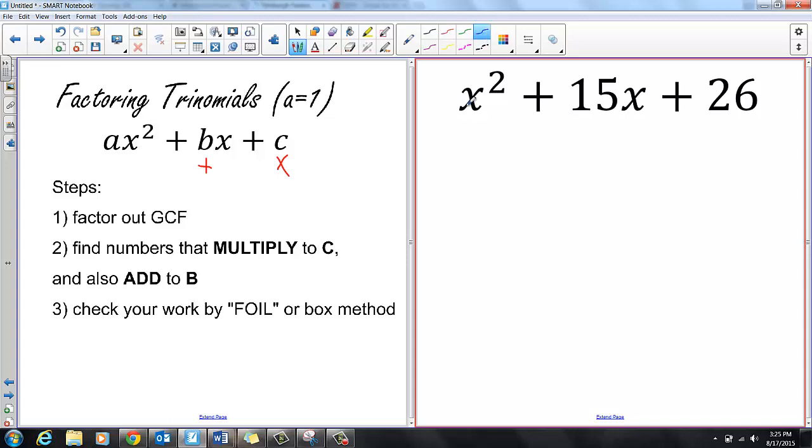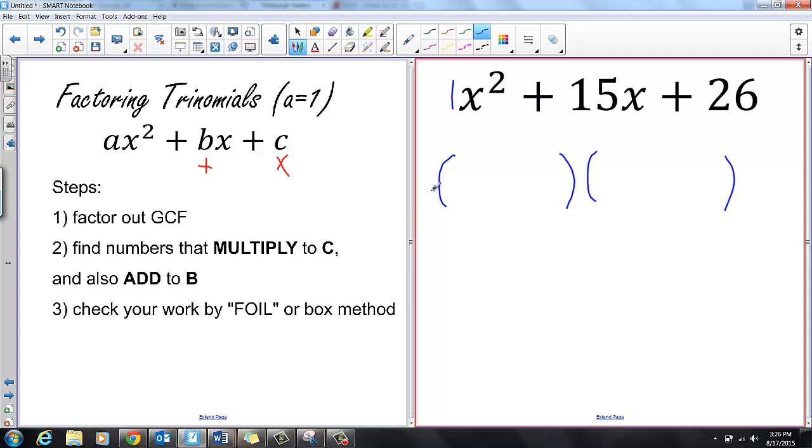So a is clearly equal to 1. So we know we are good to go. There is no GCF. None of these have a number in common or a variable in common, so we can begin. How we always want to start these is with two sets of parentheses.